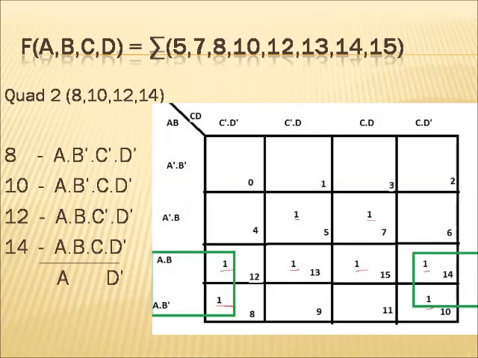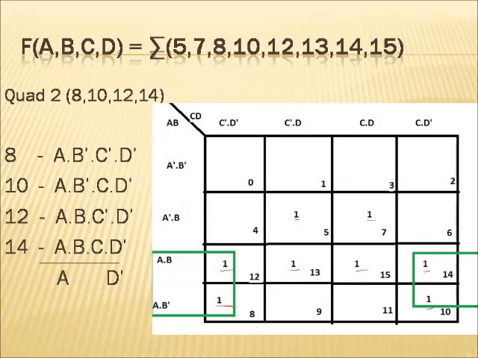So the corresponding value of 8 in variables is A, B bar, C bar, D bar. Then 10: in the case of 10, it is A, B bar, C, D bar. Right. In the case of 12, it is A, B, C bar, D bar.